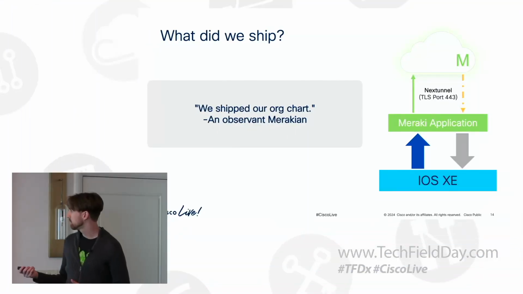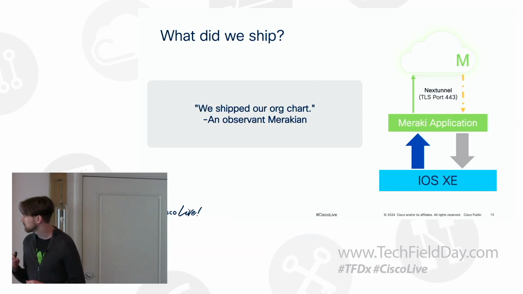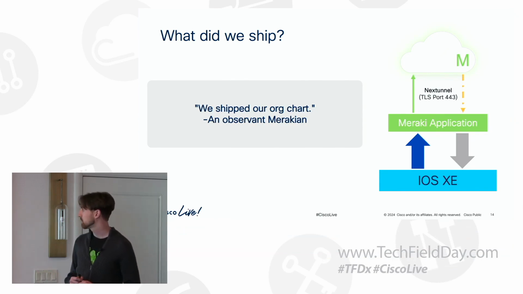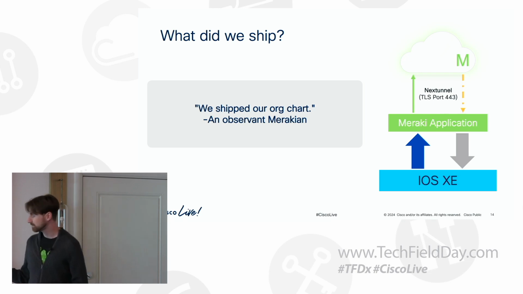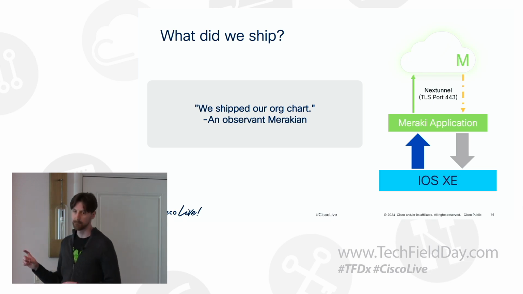But first, I want to go back to this picture that Alex put up in his slides. What did we ship? We shipped our org chart. At the top, you can see Meraki Cloud, and it's working exactly like it always has. At the bottom, we have the device, and it's working exactly the way it always has. And this container that Alex talked about is doing all of the translation in between.